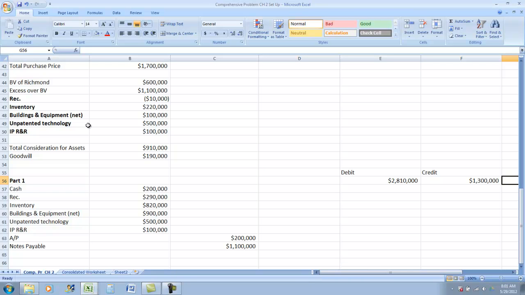What we will have to also write on is what we figured out here, which is goodwill.